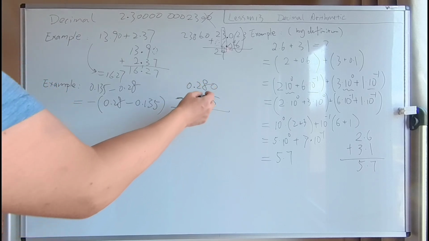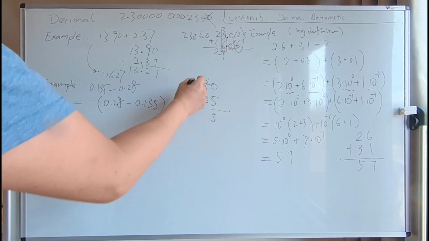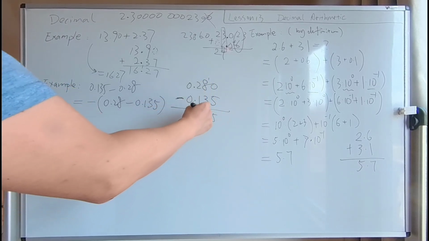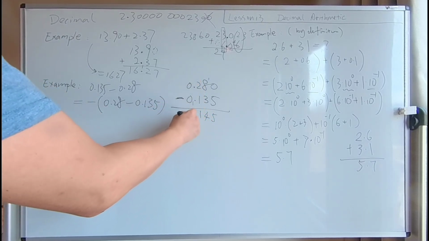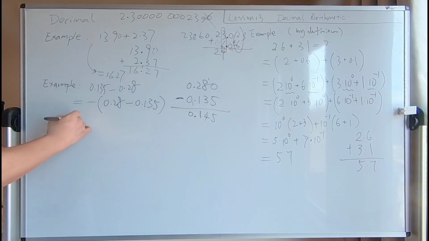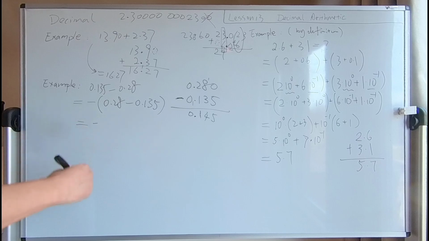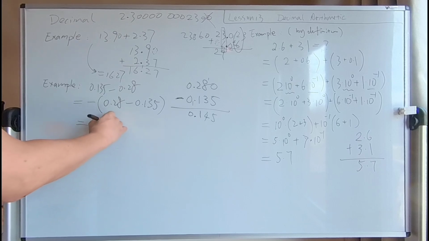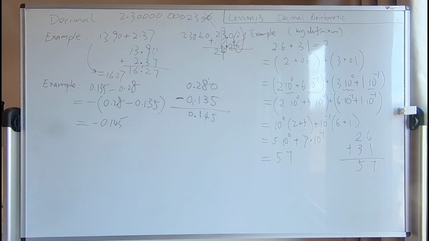It's not sufficient, so I need to borrow one digit. So 10 minus 5 is 5. 8 becomes 7. 7 minus 3 is 4. 2 minus 1 is 1. So this is 0.145. And then don't forget the negative sign that we added in the front, so it's negative 0.145.